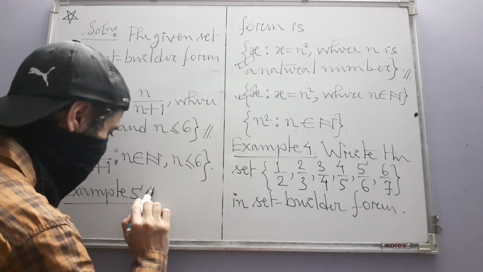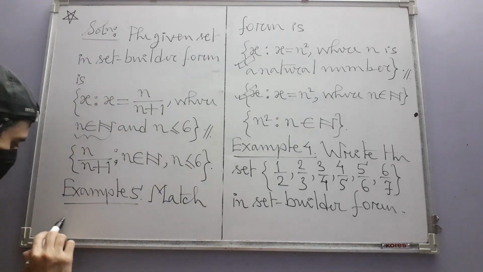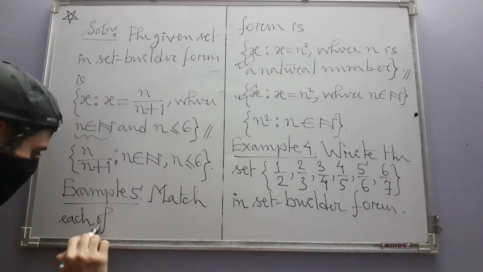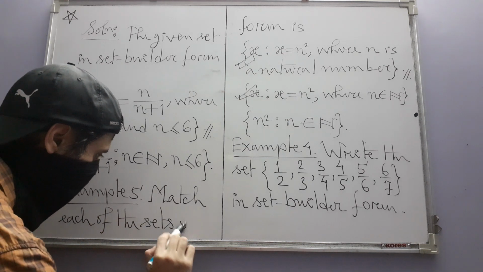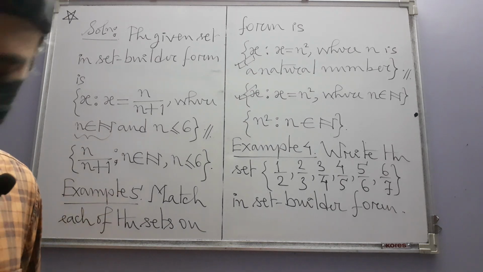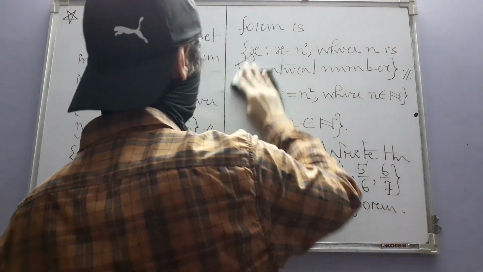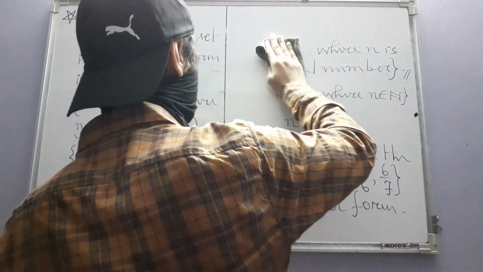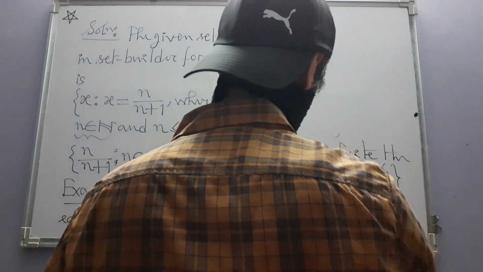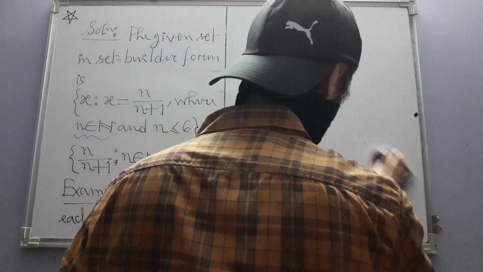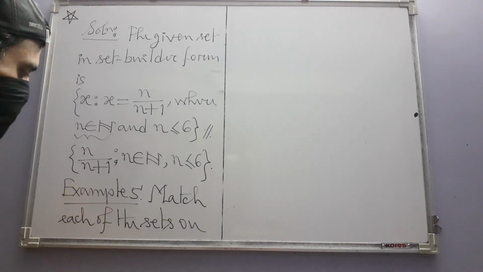Match each of the sets. So two lists of sets are given, same list actually, but in one list the sets are expressed in roster form and in the other they are written in set builder form. So we have to match them.